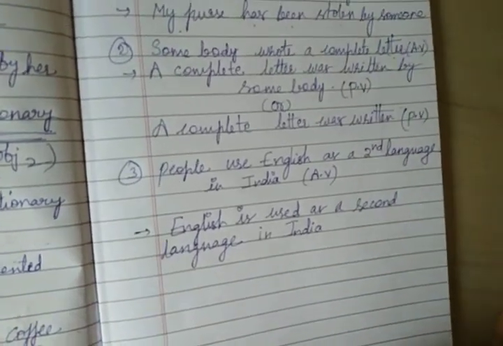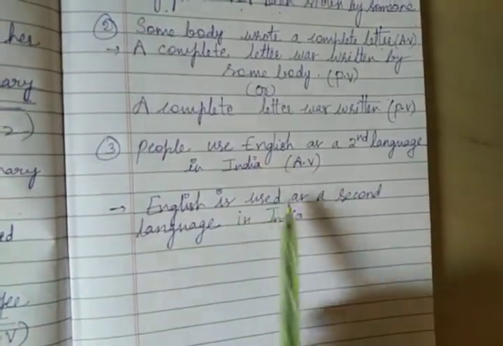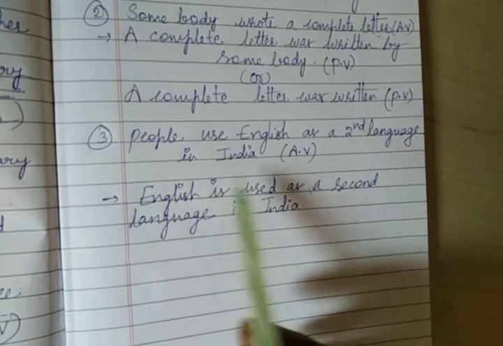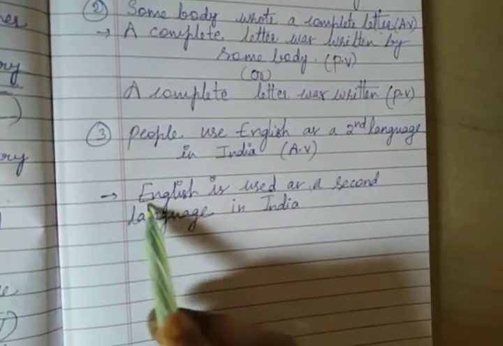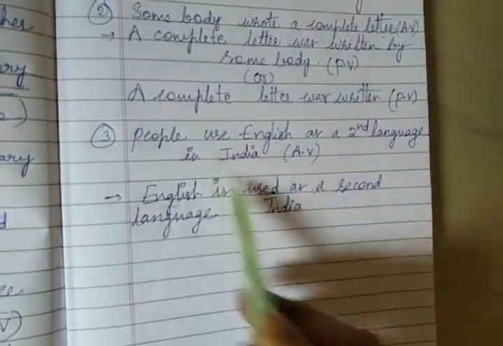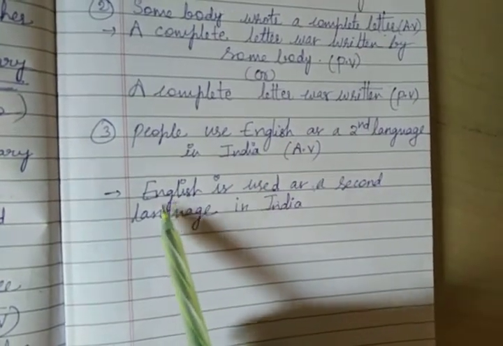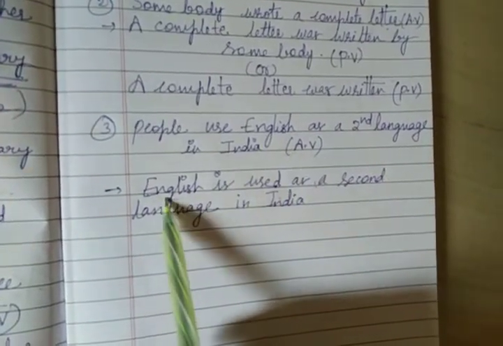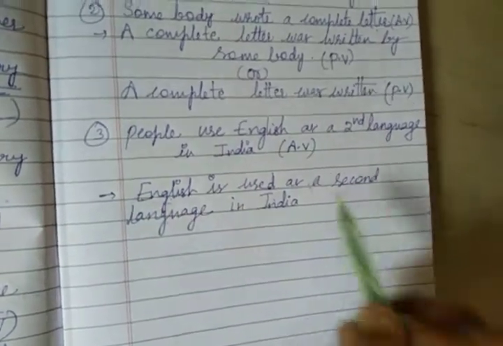No need to write by people, it's enough. English is used as a second language in India. Directly, here English is the object. It started with English. So, the same sentence, just English you should write here. It's an object, so passive voice should start with an object. So that is the rule. So here, English.